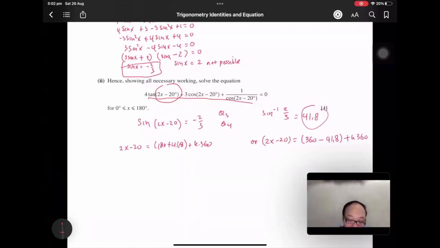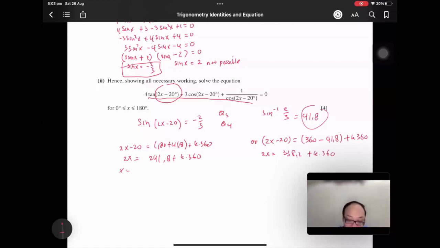So that means I can have 2x equals to 241.8 plus k times 360, or 2x equals to 338.2 plus k times 360.